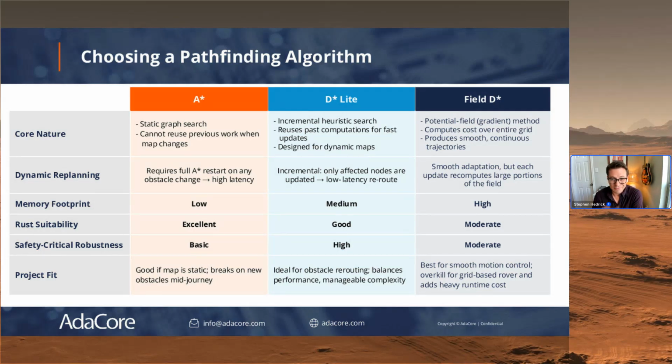So that wasn't necessarily going to meet our needs, but if I were to skip forward and look at what NASA did for the actual Mars Discovery rover, and even Ingenuity, you'll see that they're using Field D-star, which is a dynamic A-star, or D-star, developed in '94, and then that evolved into Focused D-star in '95, and in 2001 Lifelong Planning A-star, or LPA-star, which is what D-star Lite uses.